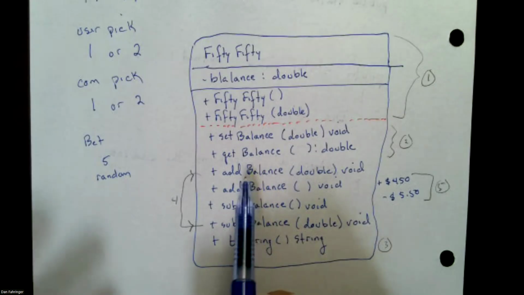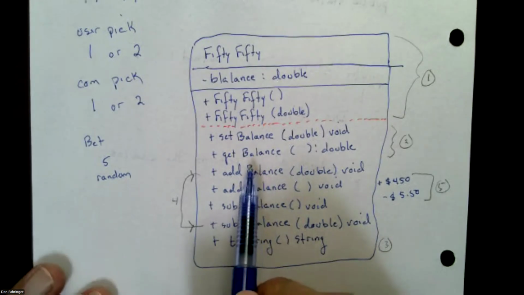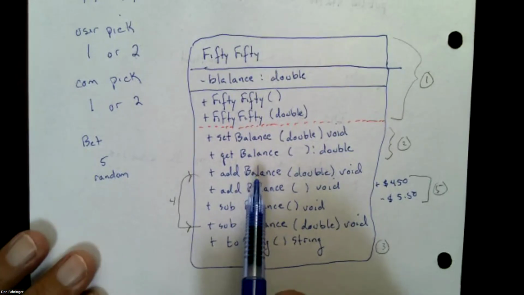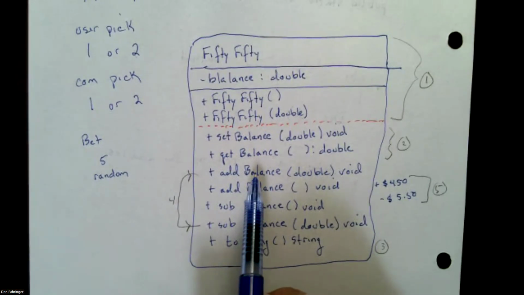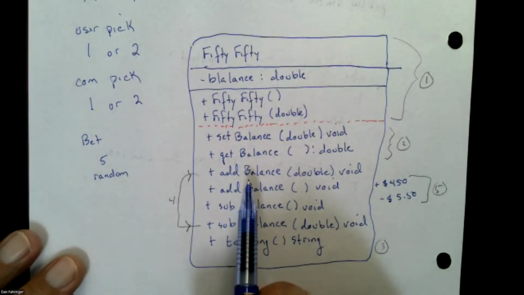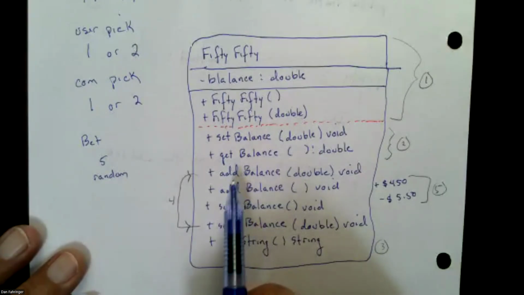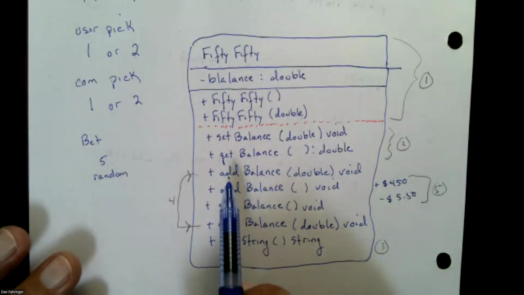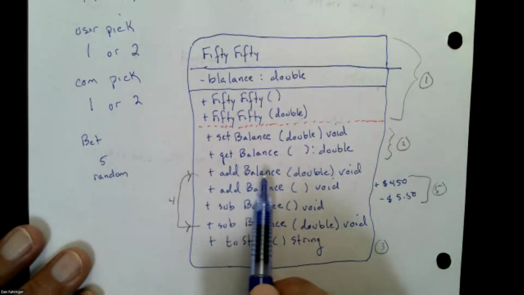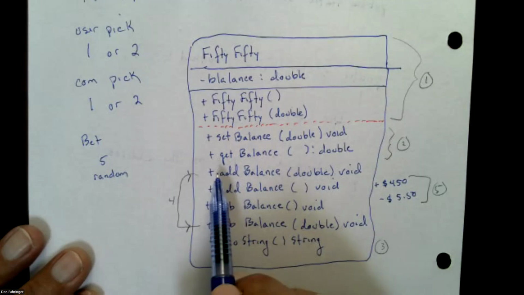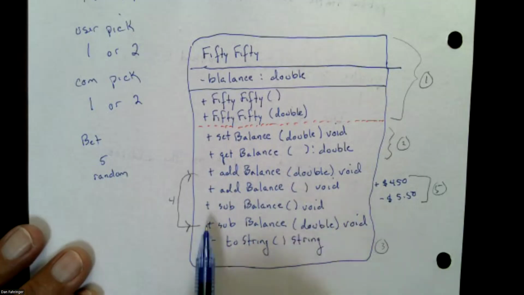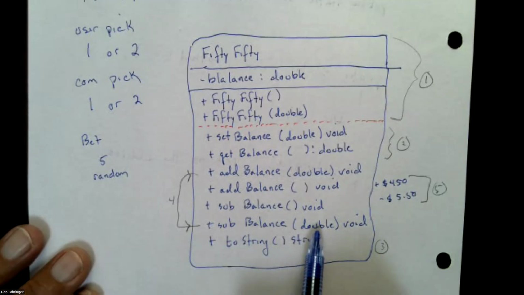You're going to ask, and I didn't explain that very well, you're going to ask the user to make a bet. Okay? If they bet $10 and you win, you're going to add that $10 to the balance. If you lose, you subtract $10 from the balance.